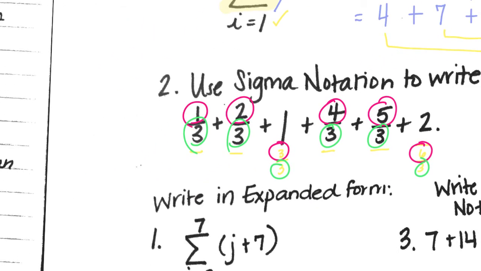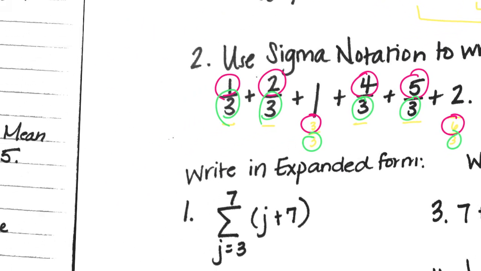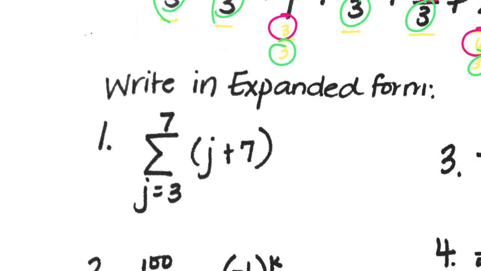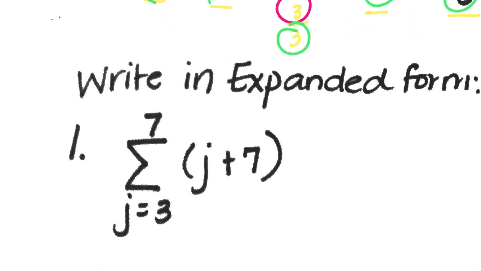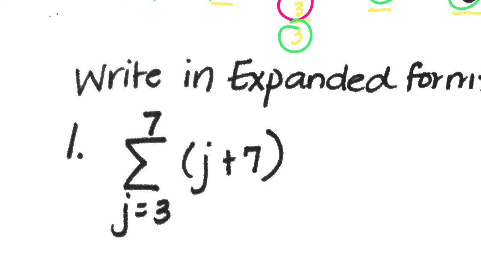All right. Let's look at number 1. We're just going through some things written in expanded form. So I'm going to let you pause me, and I'm going to let you write it in expanded form.